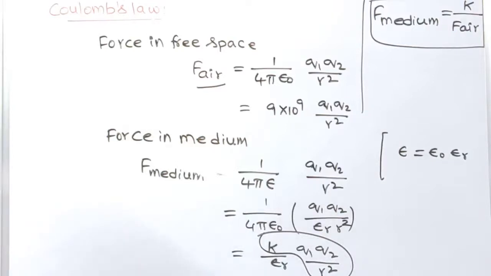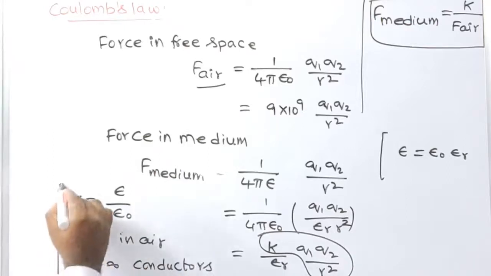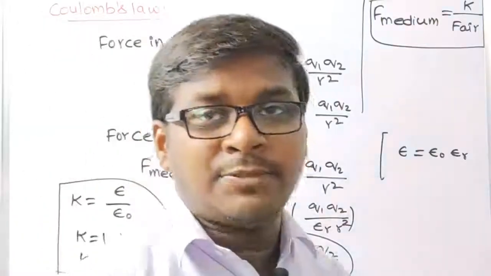Okay, in this one, the dielectric constant or relative permittivity, k is equal to epsilon by epsilon naught.